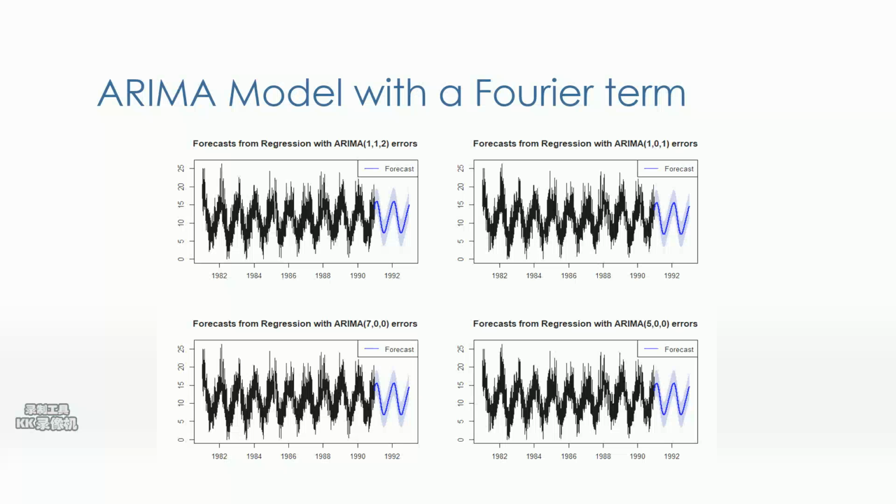I found Rob Hyndman. He has written about how to deal with long frequency in his blog. According to Rob Hyndman, generally speaking, the seasonal version of ARIMA and the ETS model are designed for shorter periods such as 12 for monthly data or 4 for quarterly data.